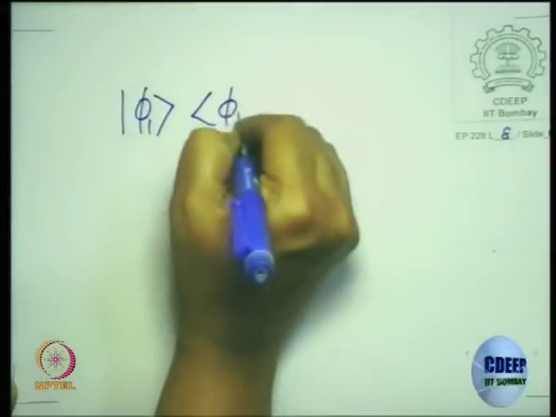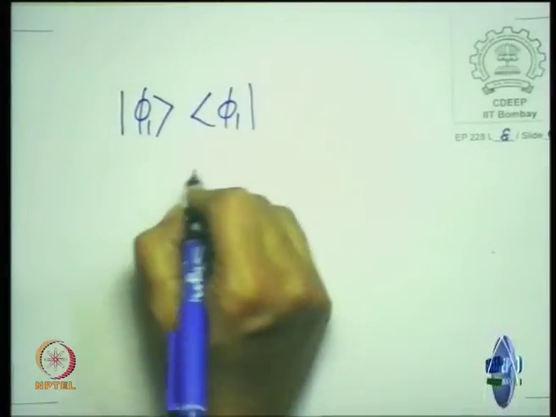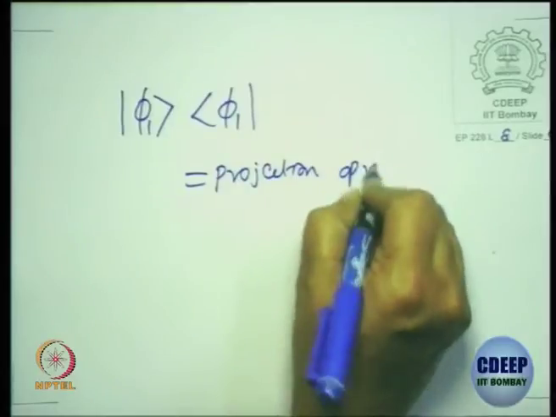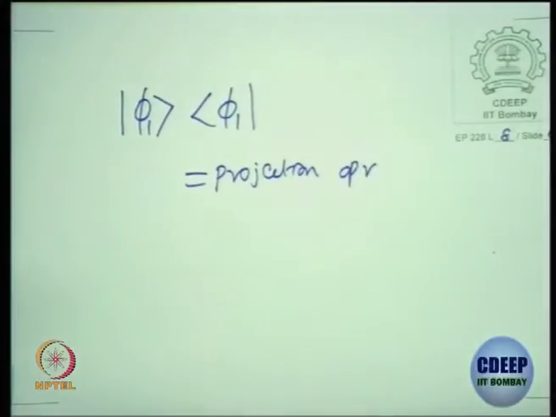It projects the component of an arbitrary state along the phi 1 direction. So, this outer product, phi 1 phi 1, is a projection operator. It's going to be a matrix operator.